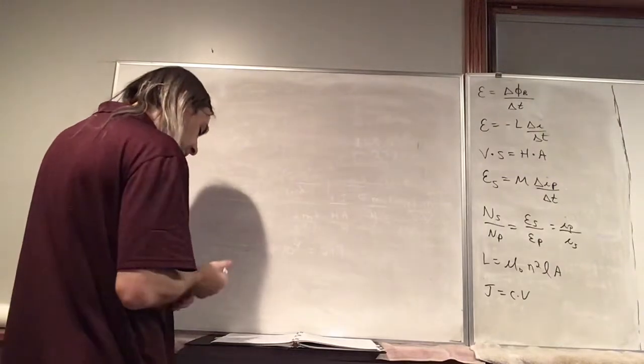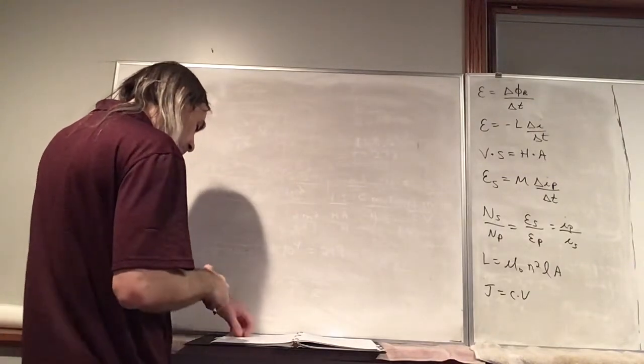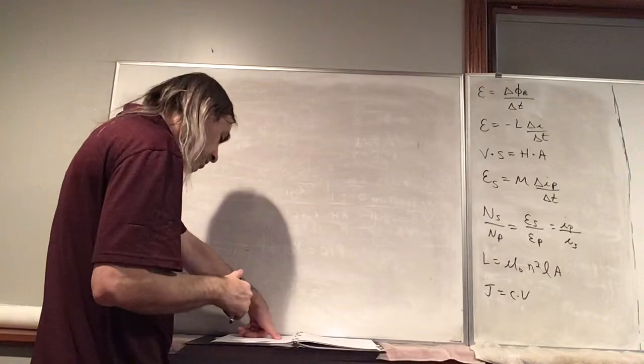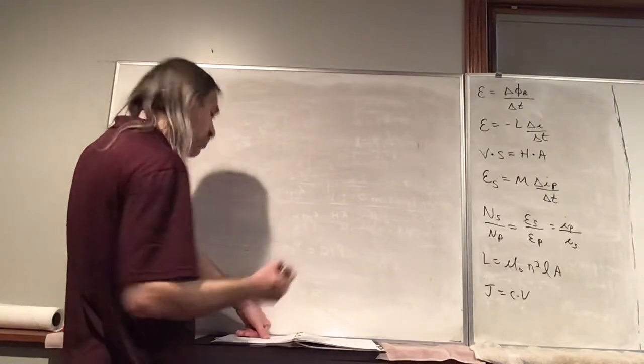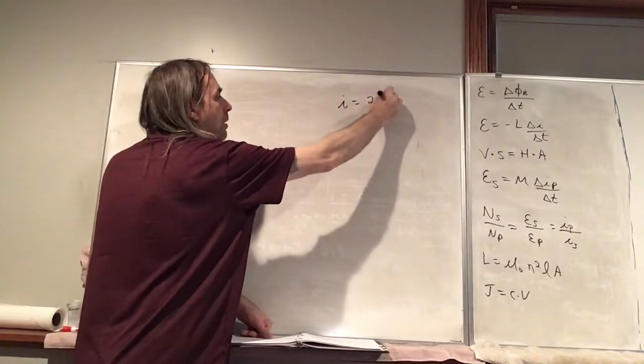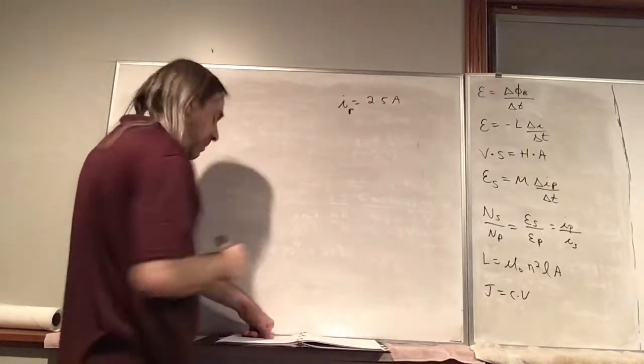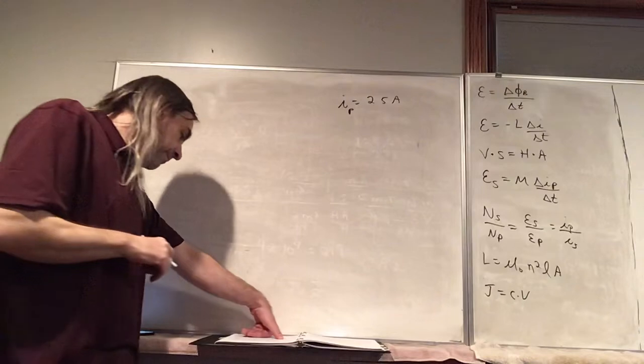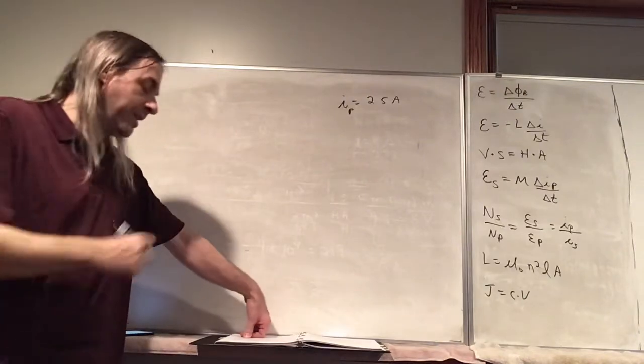So 2 coils of wire are placed close together. There's initially a current of 2.5 amps. I'm going to call that the primary. But there's no current in the other.